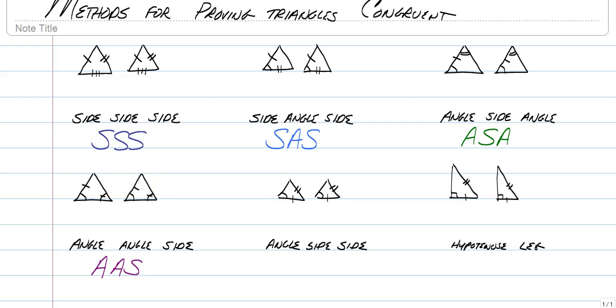But the next one, we have angle, side, side. And you have an angle and 2 sides, but the angle is not in between. So you want to say that it's angle, side, side, and then people get the giggles, but it actually doesn't work.